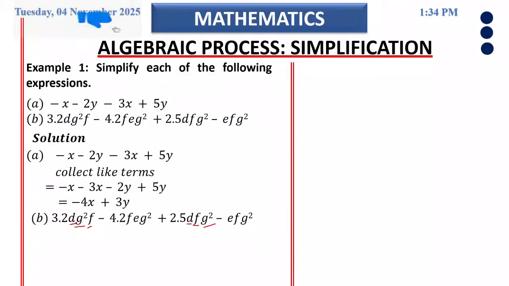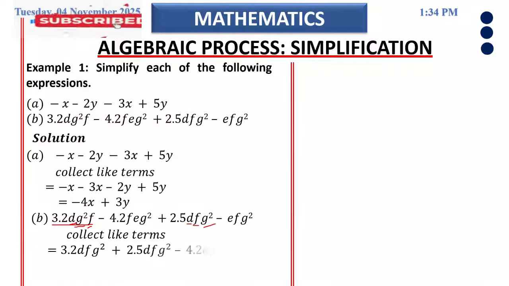So we're going to collect like terms now briefly. It's obvious. We are bringing 3.2 dg square f together with 2.5 dfg square, which we can simply add together. And the same thing goes for the other one. We have minus 4.2 feg square and minus efg square.